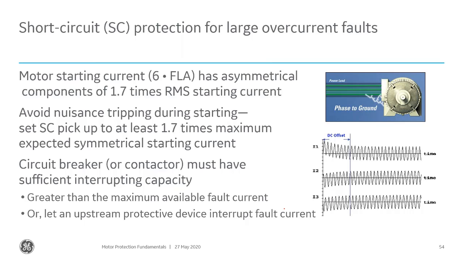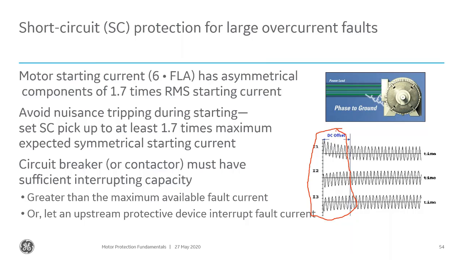So you can see what I show here. When we first start that motor, depending on where we start on the voltage waveform, we're going to have some DC offset on the current waveforms.